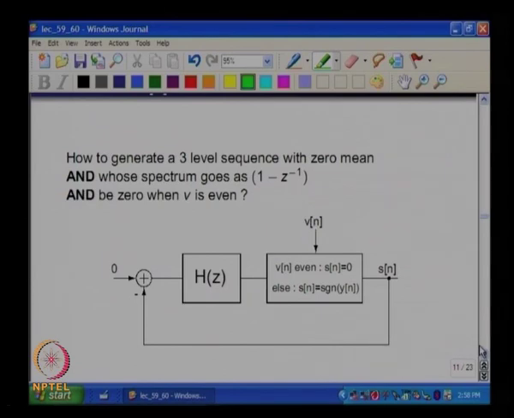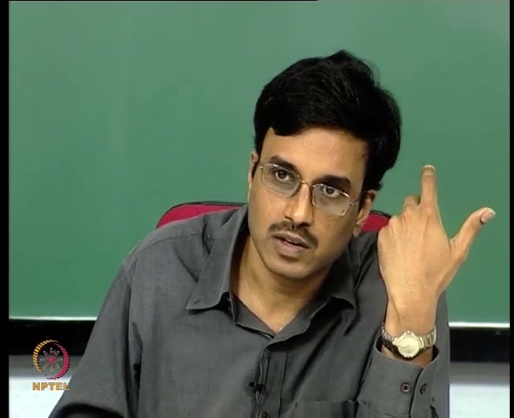So, I need to generate a 3 level sequence with 0 mean and whose spectrum goes as, for instance, 1 minus Z inverse, and it must also satisfy some properties. What are the properties of S? When V is even, S should be even, okay. When V is odd, S should be odd, correct.